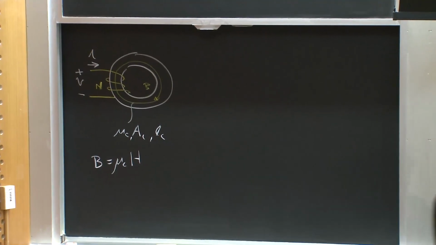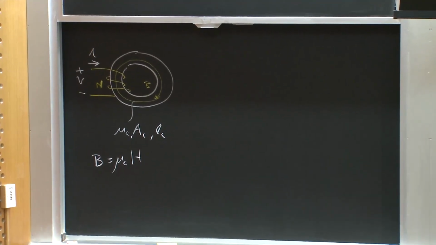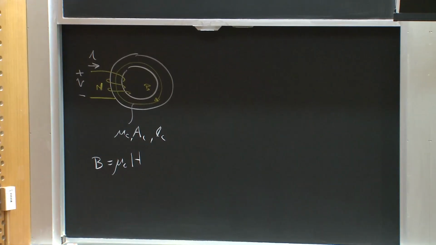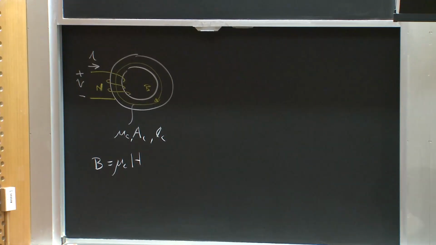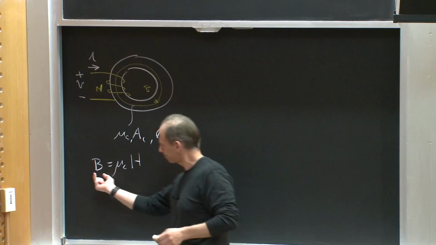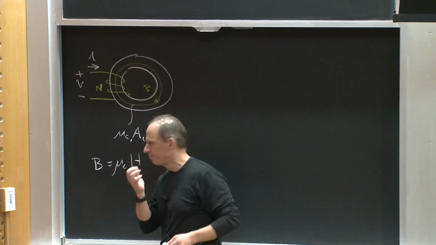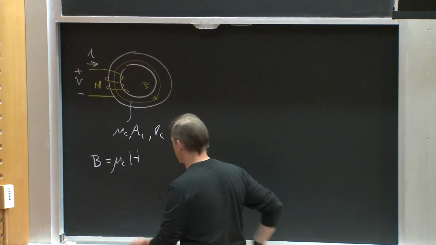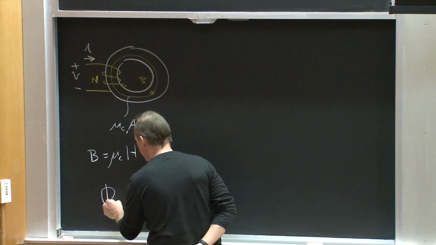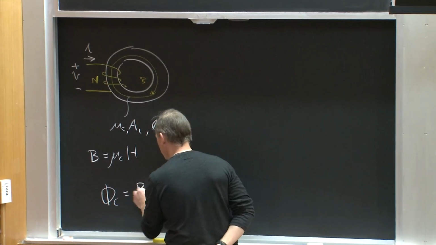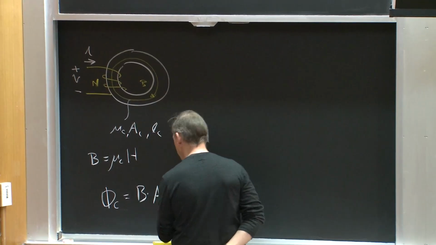And we said, on each turn of the winding I'm going to have some B field, and the B field times the cross-sectional area is the magnetic flux in the core, right?